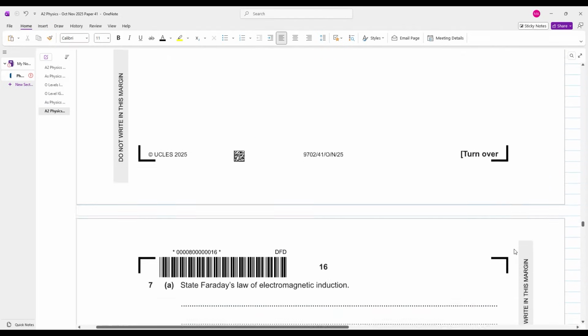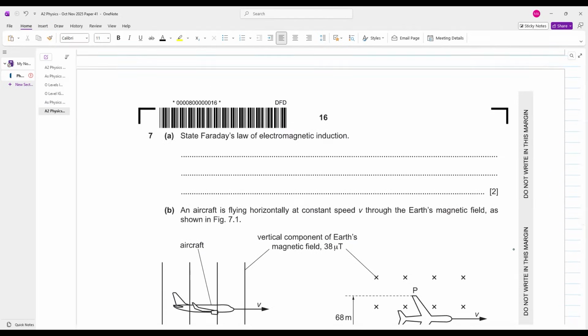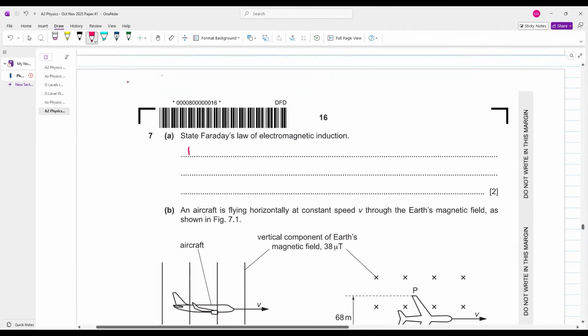Let's move ahead. State Faraday's law of electromagnetic induction. What did Faraday say?